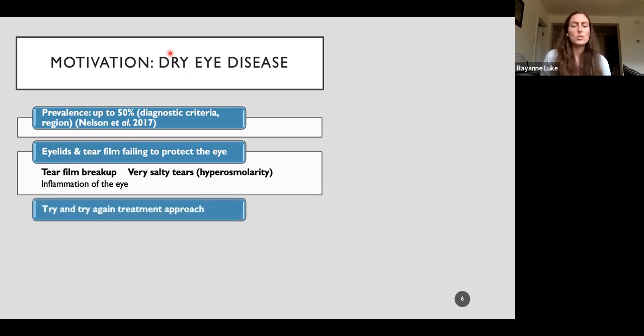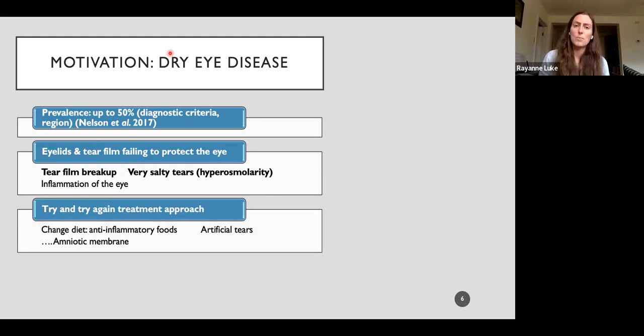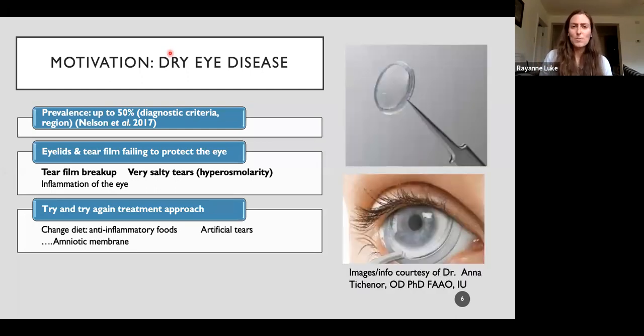Current treatment methods typically take a stepped approach. Depending on the type of dry eye that you are diagnosed with, you might change your diet to include anti-inflammatory foods. You might use artificial tears if you are found to have low tear volume. And if a lot of things don't work for you and you go down this step procedure, you might end up using an amniotic membrane, which has been described to me as a Band-Aid for the eye and doesn't look very pleasant.